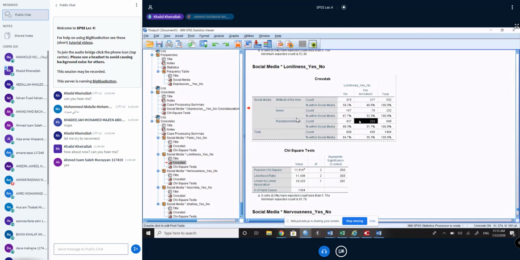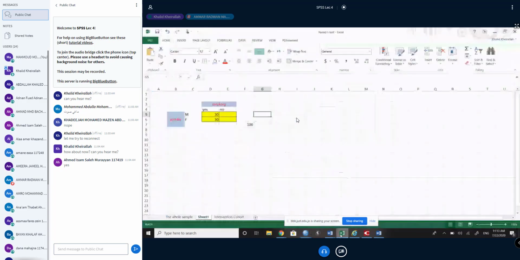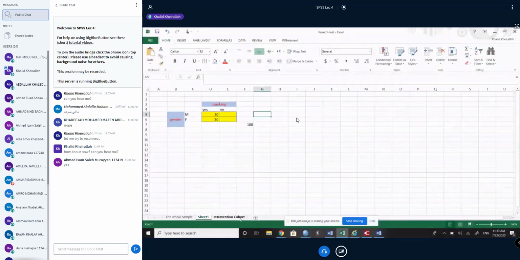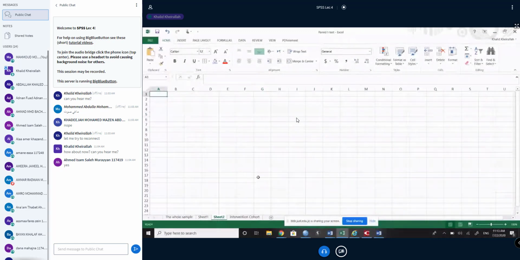Regression analysis, it takes into account انه عندي انا outcome variable that is yes, no. This is called binary variable. Binary variable is it has two values, yes or no. Okay, so gender could be a binary variable.